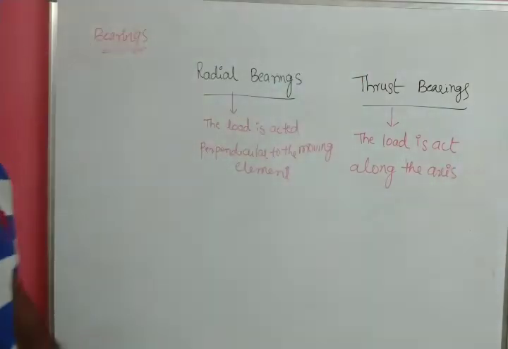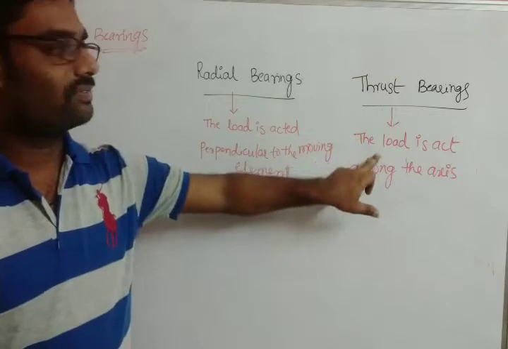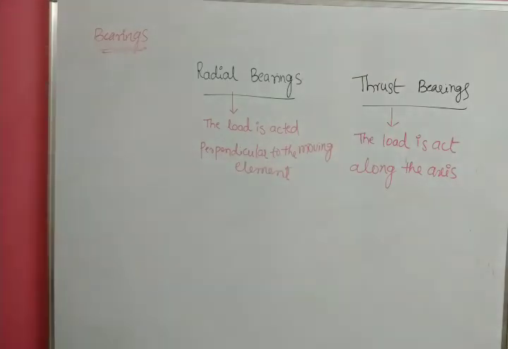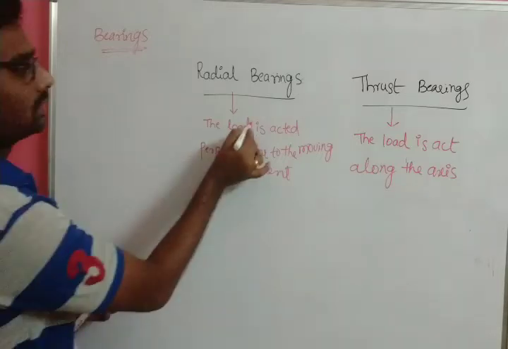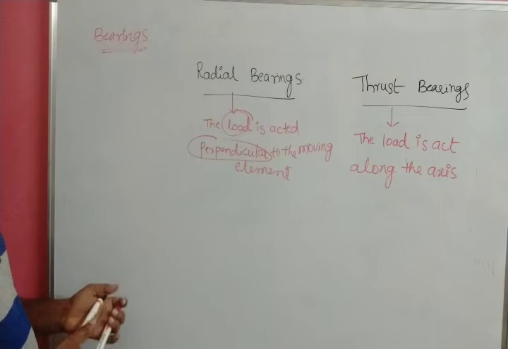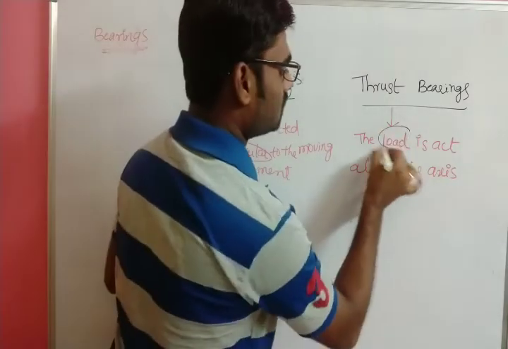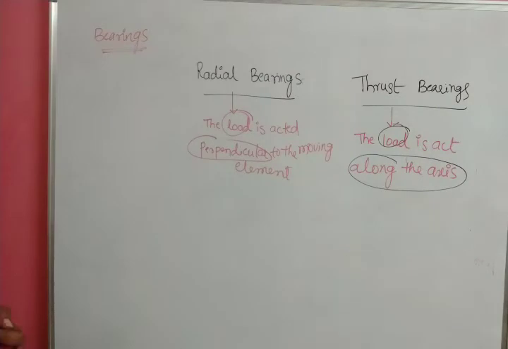So this is the definition of radial bearings and this is the definition of thrust bearings. A radial bearing means the load acts perpendicular to the moving element. A thrust bearing means the load acts along the axis.